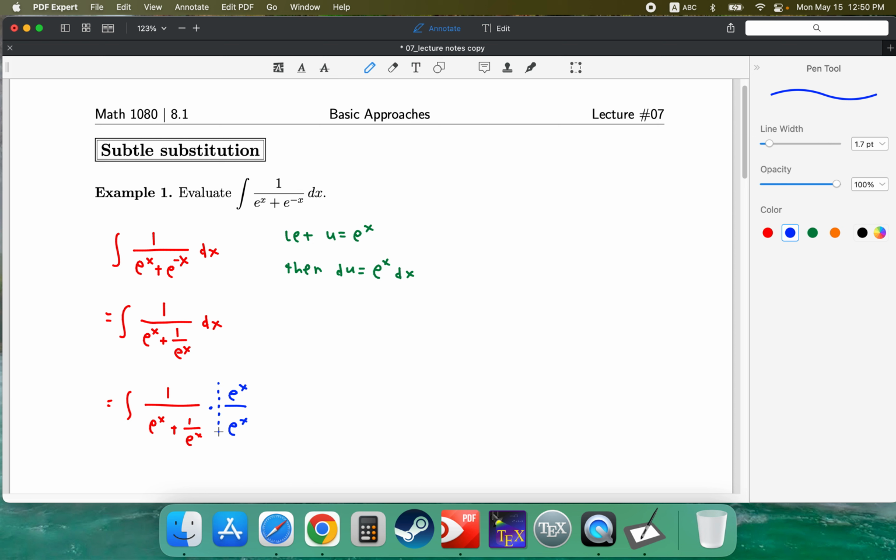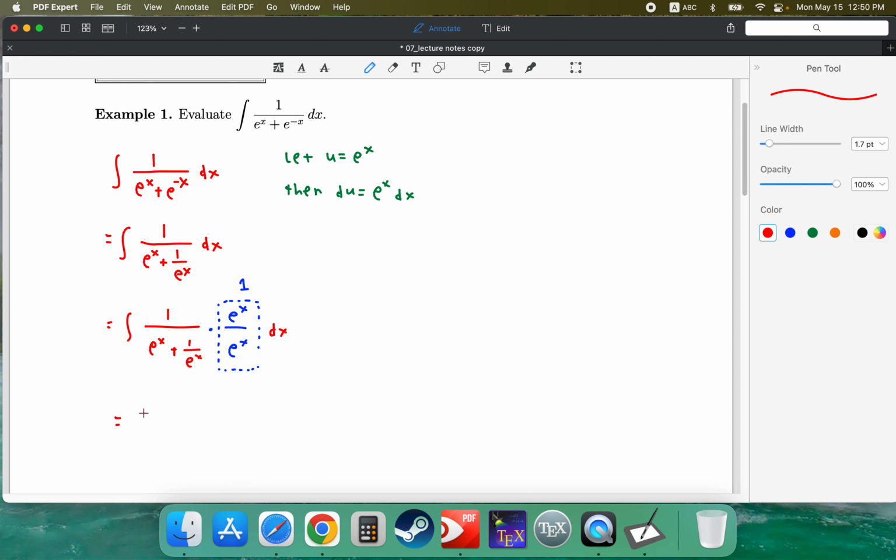So notice that this guy right here is 1. So I multiply by 1, I didn't change anything. However, I will change what it looks like. So right here, you can see that 1 times e to the x is e to the x. And since we have a sum multiplied by a number, we want to distribute this into the sum, right?